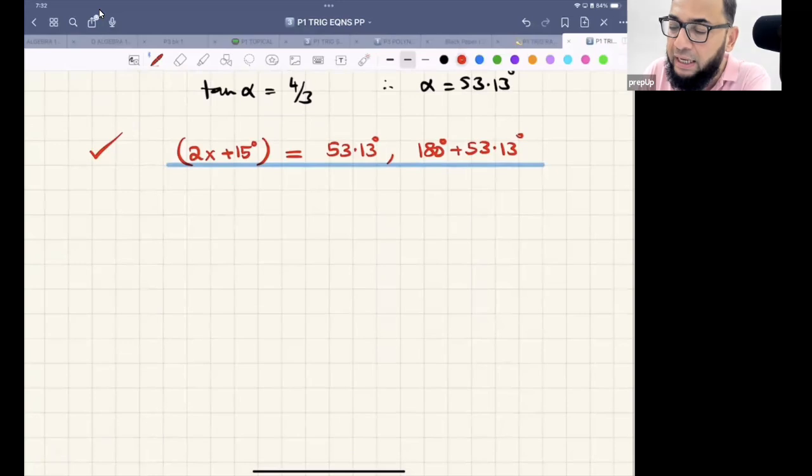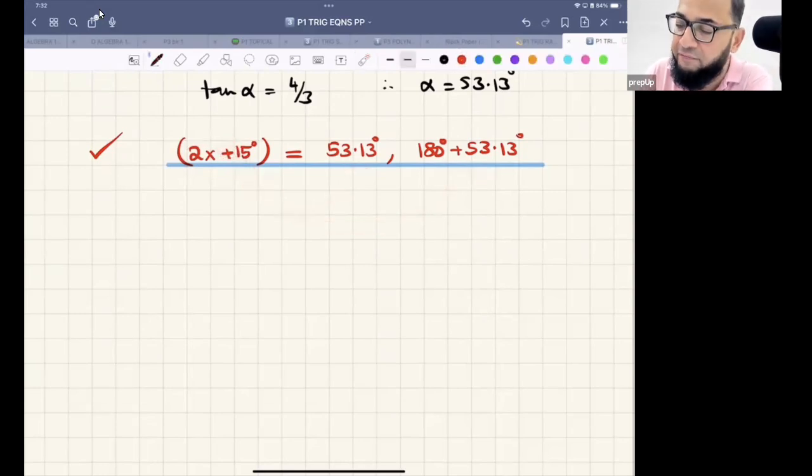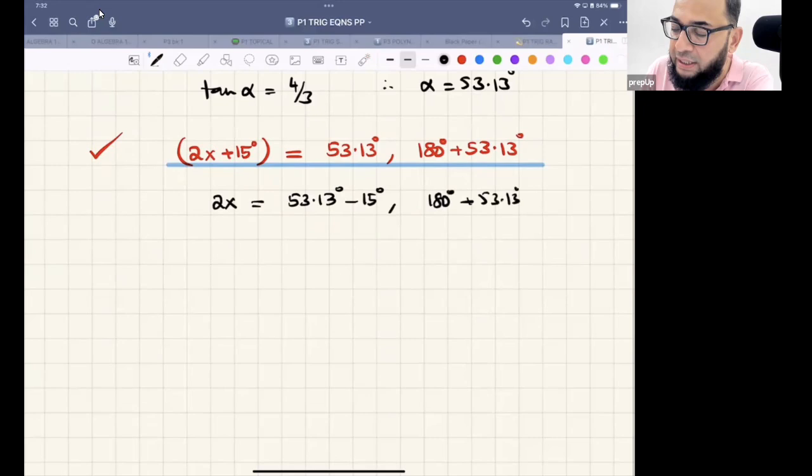Now with the working, we want to make x the subject. So what should we do? Transfer the 15 to the other side, the positive becomes negative. So first step, 2x is equal to 53.13 degrees minus 15 degrees, and this is 180 plus 53.13 degrees minus 15 degrees.